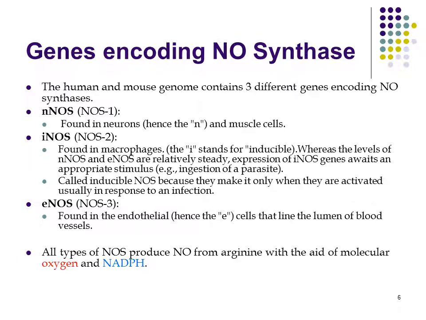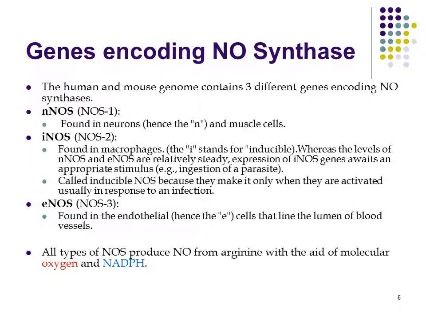Genes that encode nitric oxide synthase: the human and the mouse genome contain three different genes that encode nitric oxide synthase. NOS1 is found in neurons, hence the N, and muscle cells. iNOS is found in macrophages. The I stands for inducible, whereas the levels of nNOS and eNOS are relatively steady.